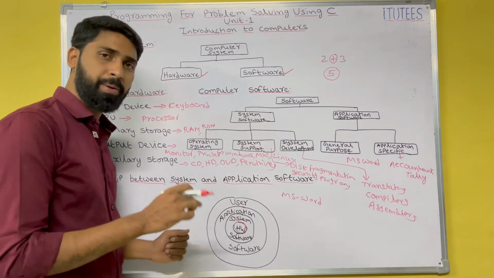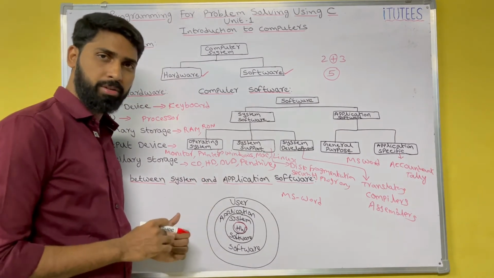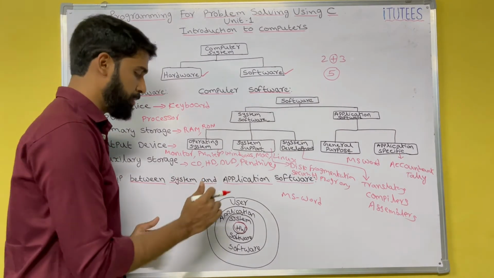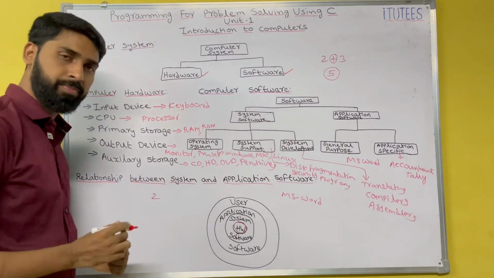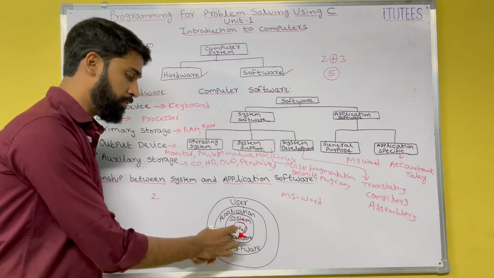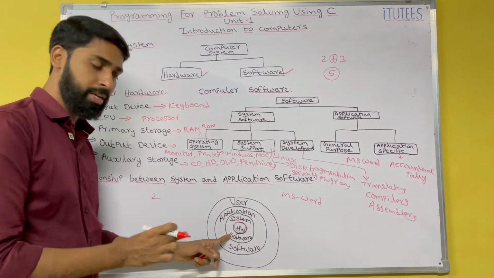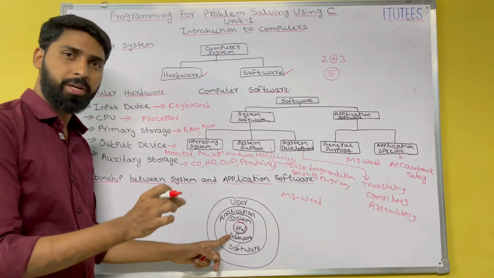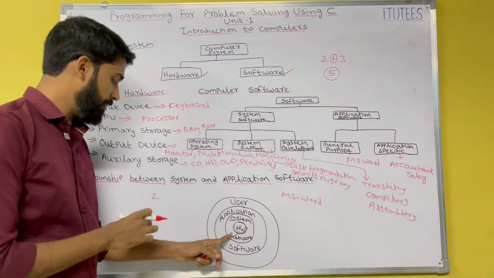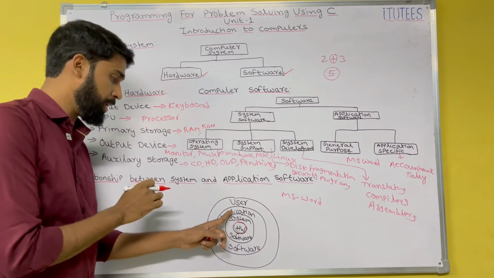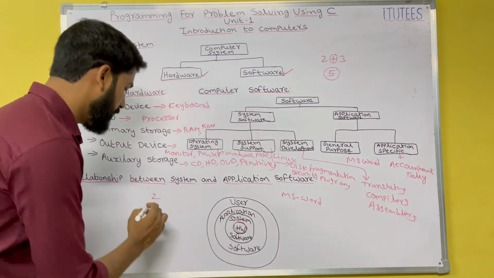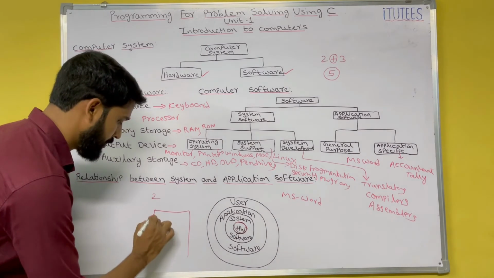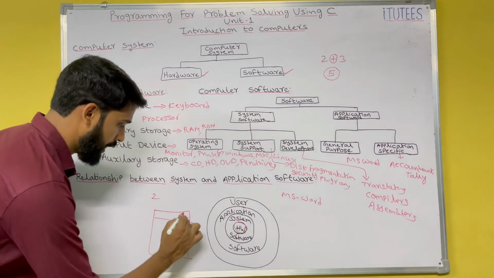When you press a number on the keyboard, what happens? For example, I press 2. Now the system software can identify that it received a number from the keyboard. How can we give the 2? By using some application software, for example the calculator.